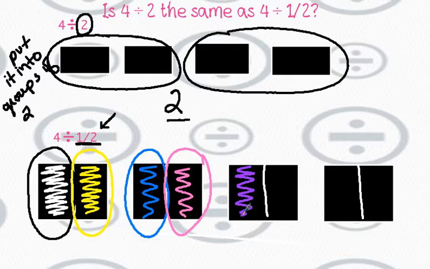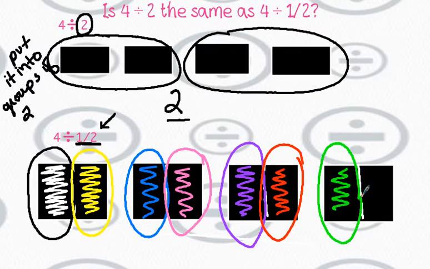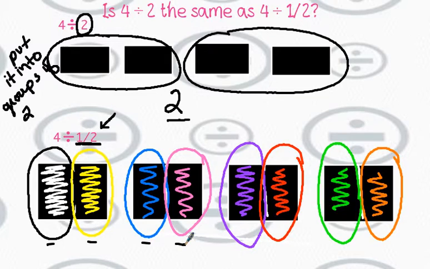Since a half of a piece makes a whole group, I'm coming up with a lot more groups here. And what color haven't I used? Orange. So in looking at this, I have now created 1, 2, 3, 4, 5, 6, 7, 8.